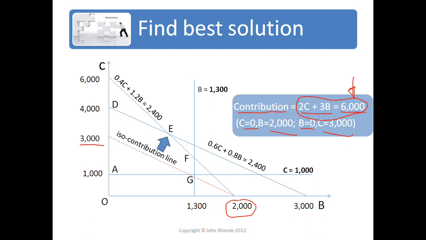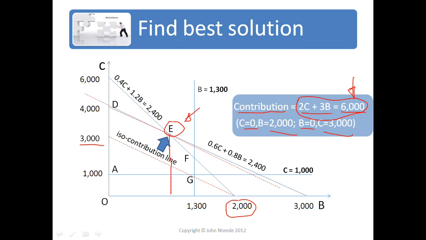Now to find our best solution, the optimal solution, we shift this line upwards, okay? And the last point it touches within our feasible region is the optimum point. So in this case, the last point this line touches is the point E, okay? So this point here, point E, is the optimal solution. Now if your graph is accurate, you can read off the best solution.